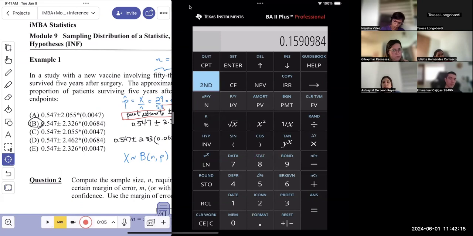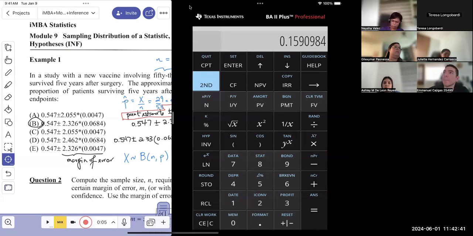This thing I've multiplied, do you guys know the name of this? It has a name too. You might have heard it before. It's called the margin of error. Yes, the margin of error. It's the plus or minus.